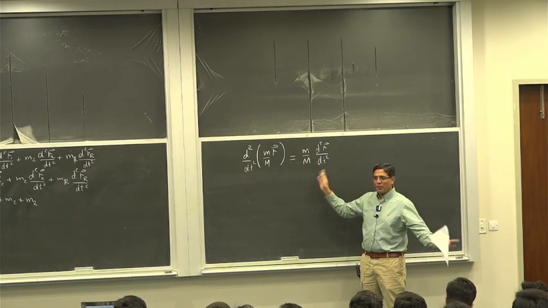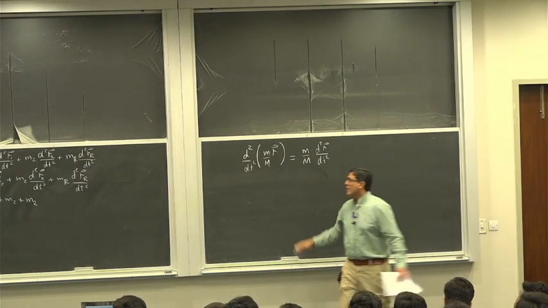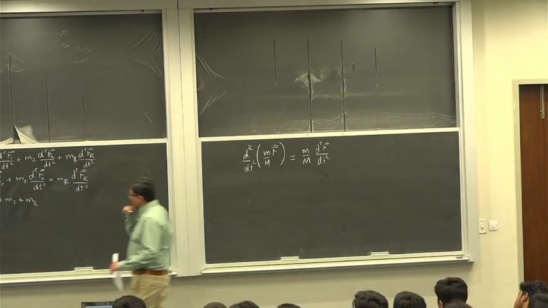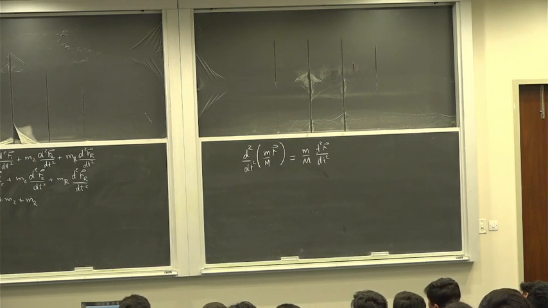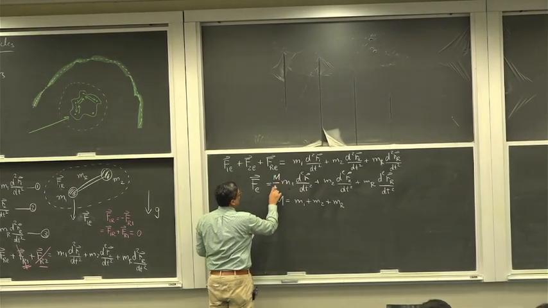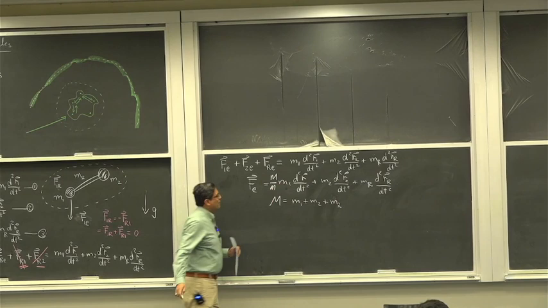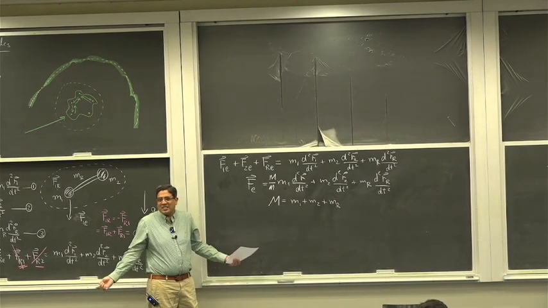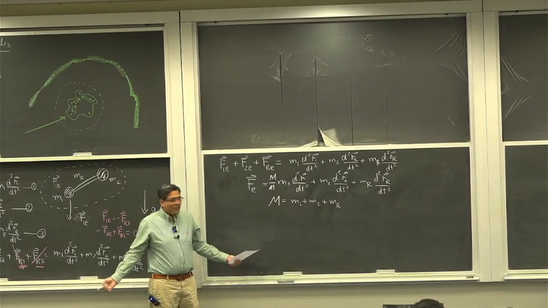Fine? No problem with this, right? Okay, now let's multiply this equation. On the right side, both multiply and divide with M, capital M, on the same side. Doesn't make any difference, does it? Where M is equal to?